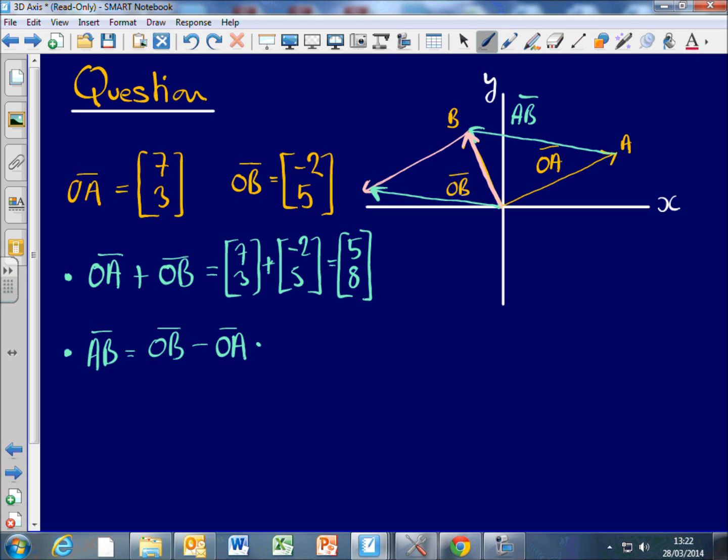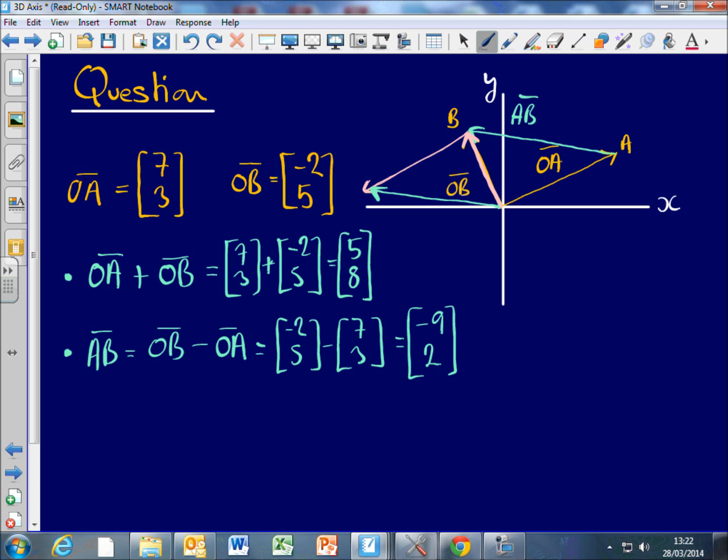So let's just see if we can work it out then. O to B is minus 2, 5, and then we're going to take away O to A, which is 7, 3, minus 9, 2. Okay, cool. Good. Is that okay?